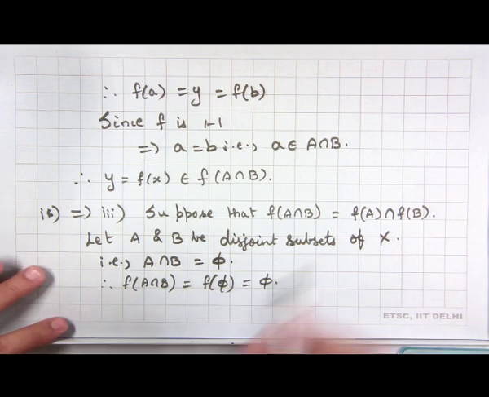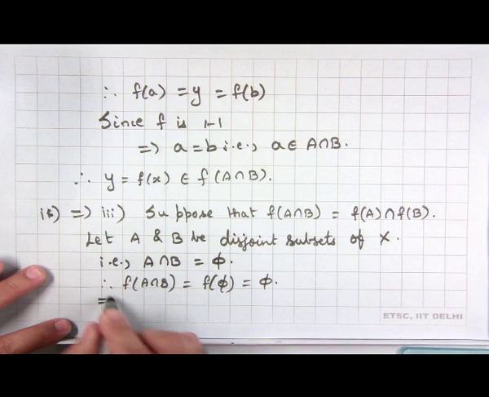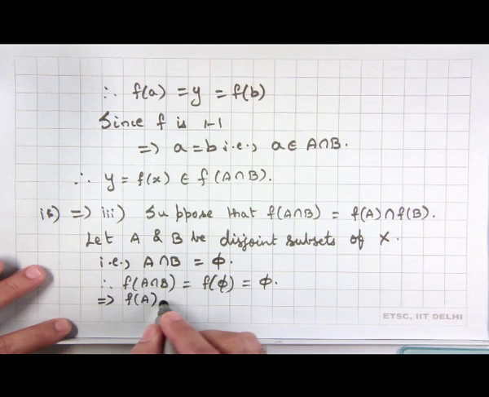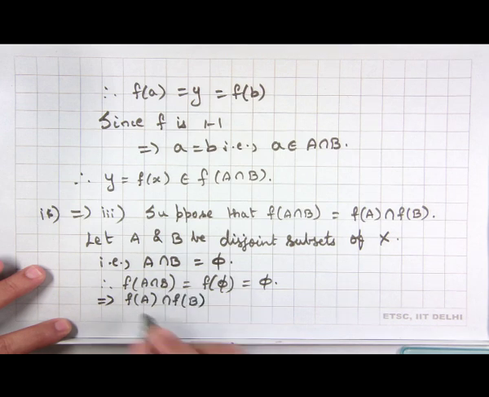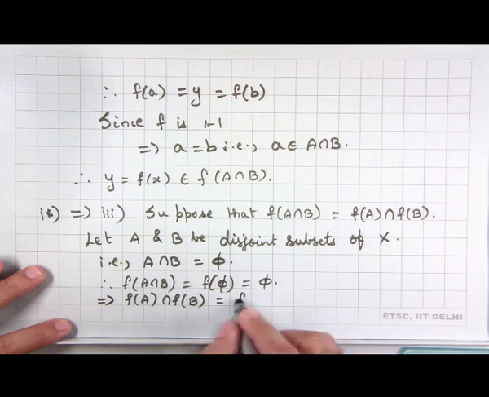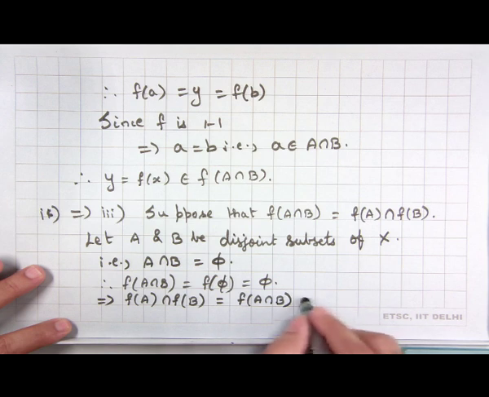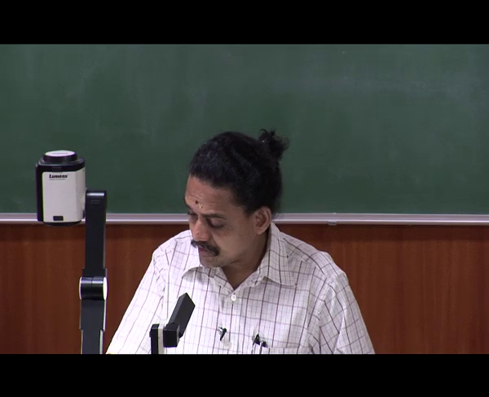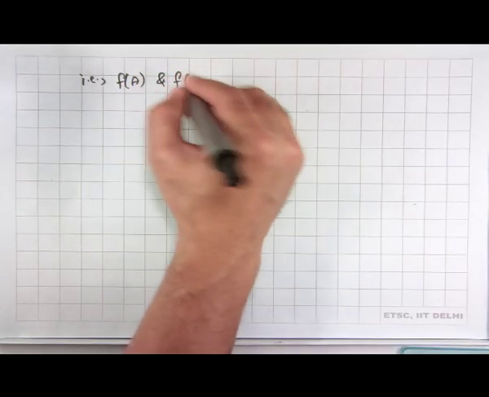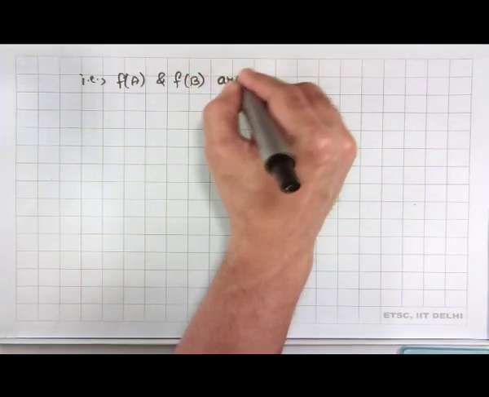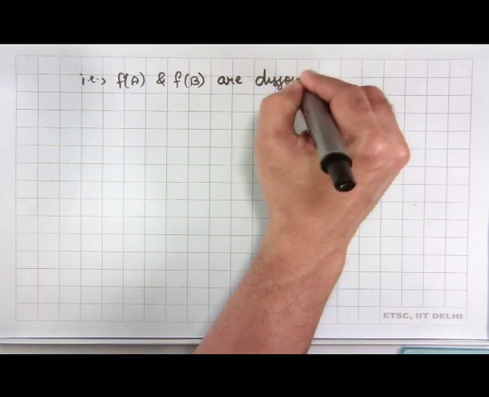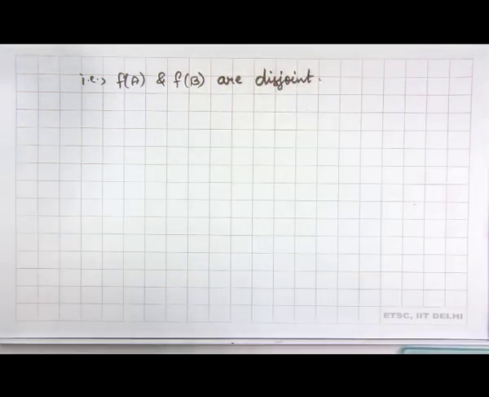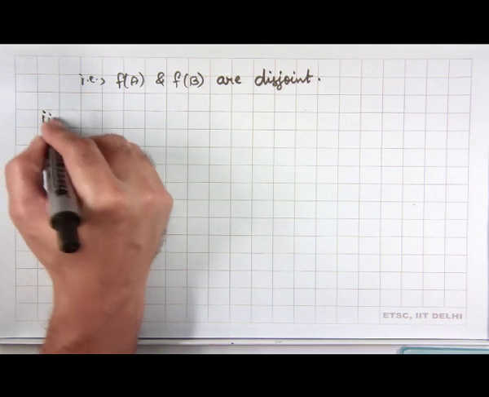But by our assumption, f of A intersection B is f of A intersection f of B, which is empty. That is, what we have shown is that f(A) and f(B), these two sets, are disjoint.